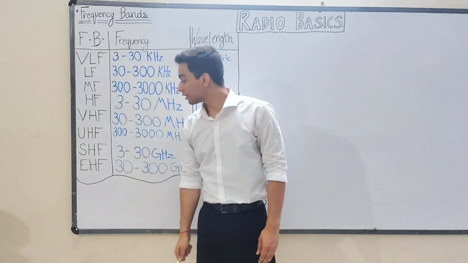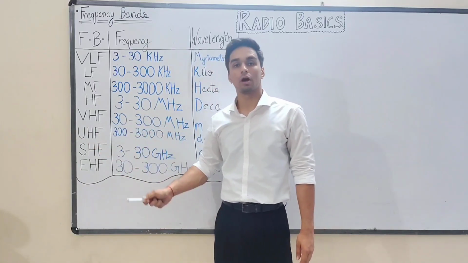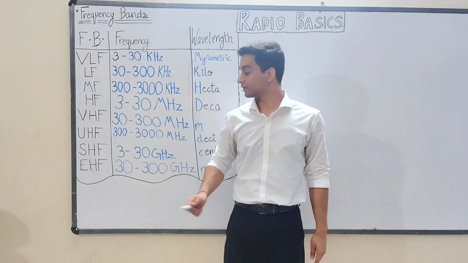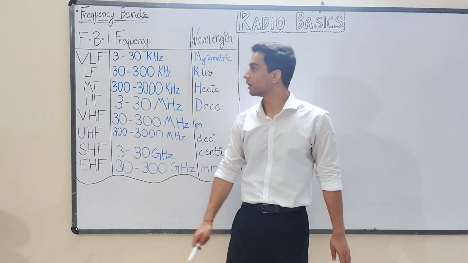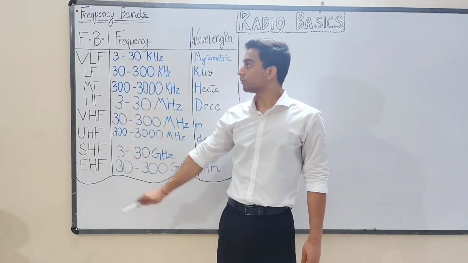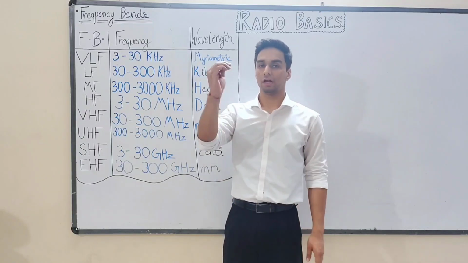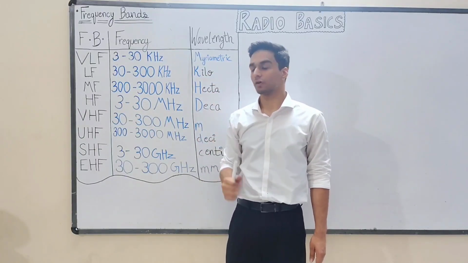After this, we are left with three terms that are stated as UHF, ultra high frequency, SHF, super high frequency, and EHF, extra high frequency. For writing the naming from VLF to VHF, it is very easy to write.